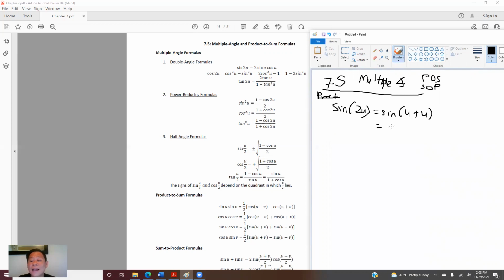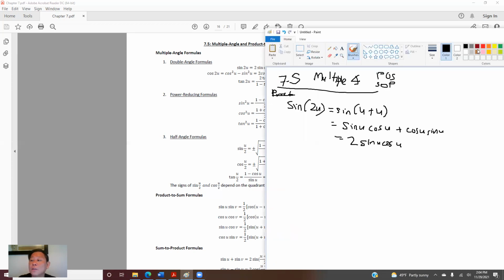Using 7.4, this is sine u cosine u plus cosine u sine u. You notice these two are exactly the same, so when you add them up, you get 2 sine u cosine u. This is how they got sine 2u.